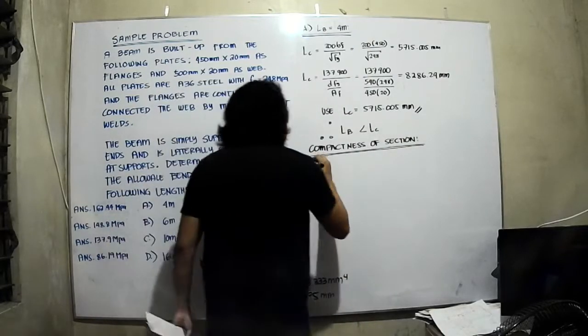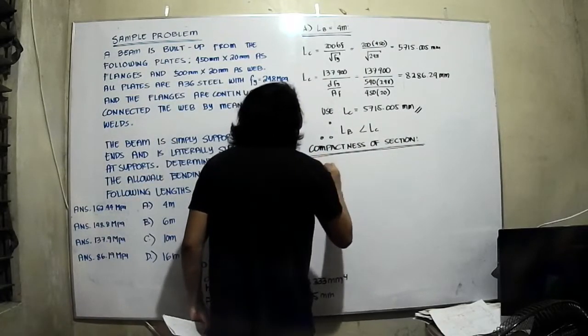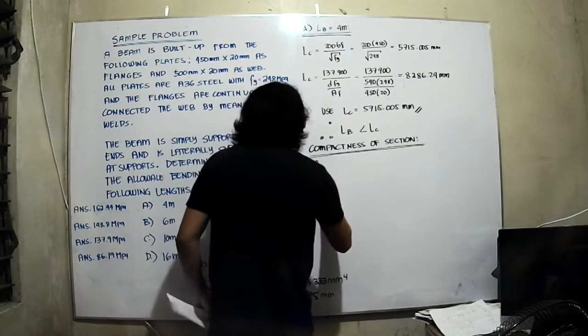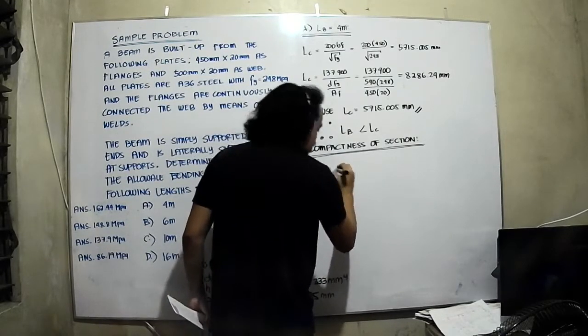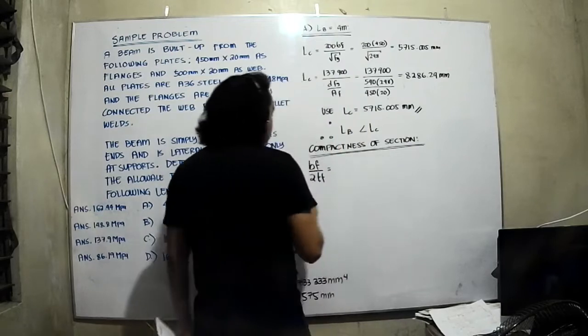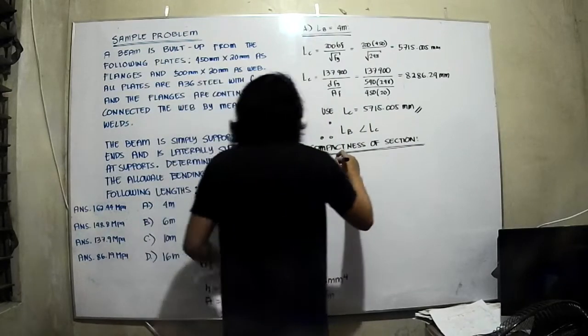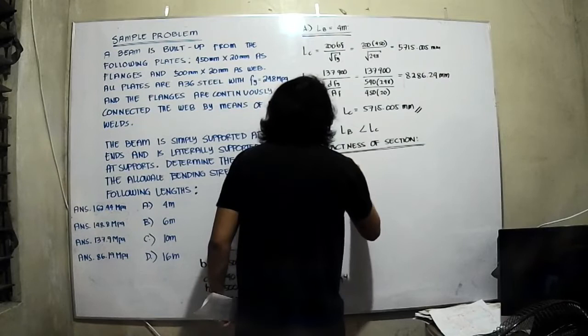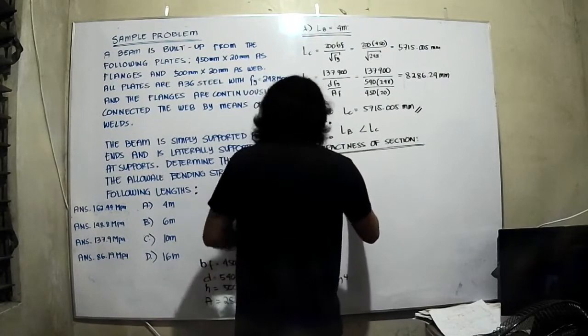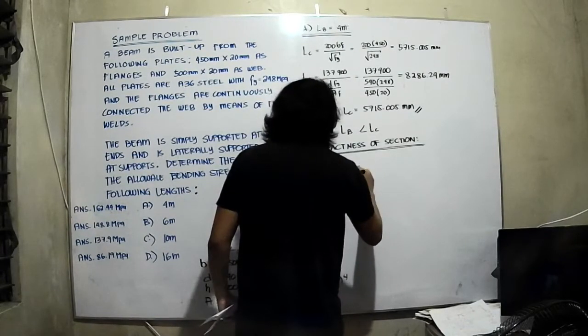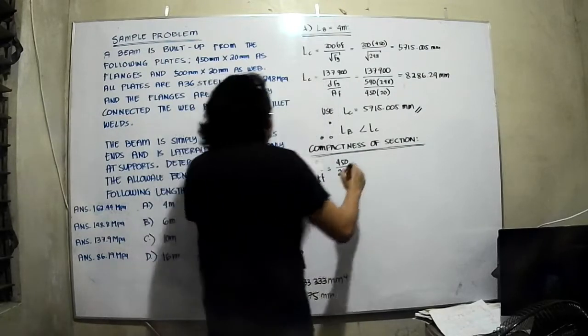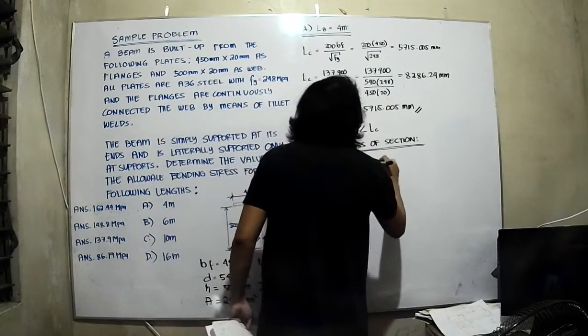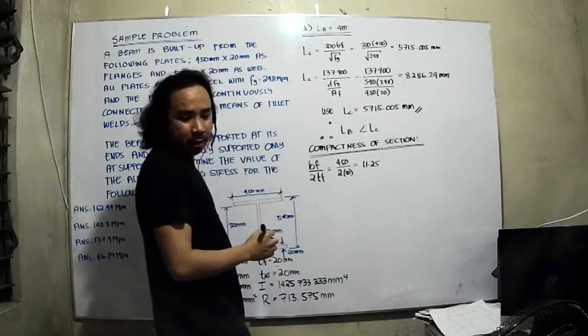The parameters are the same as I said: BF over 2TF. We compare it to 170. That should be equal to 450 divided by 2 times 20, which is equal to 11.25. This is a unitless number.